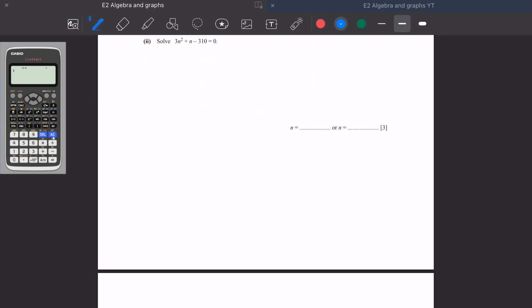The next question is: solve 3n squared plus n minus 310 is equal to 0. So sum is 1. Product is 3 into negative 310, you get negative 930.